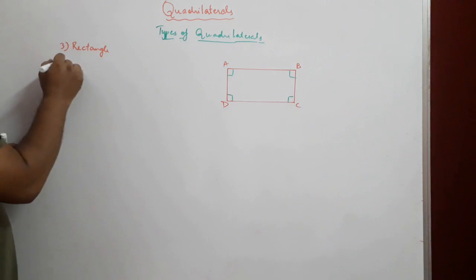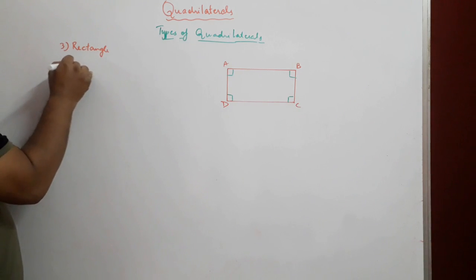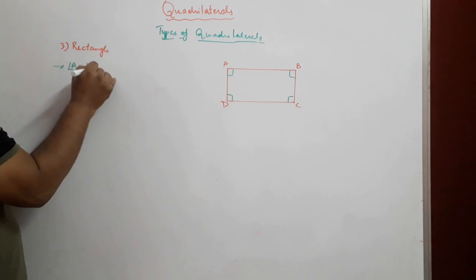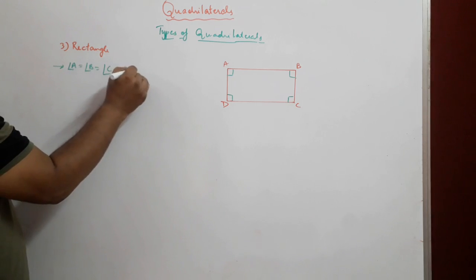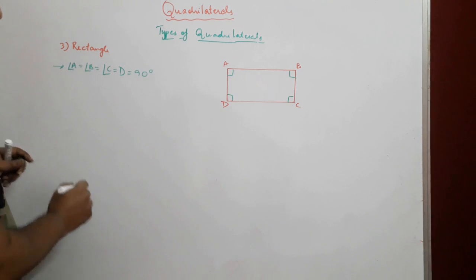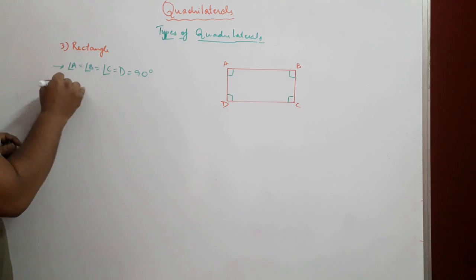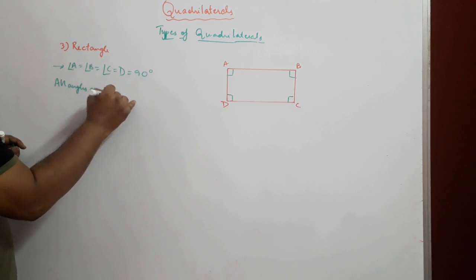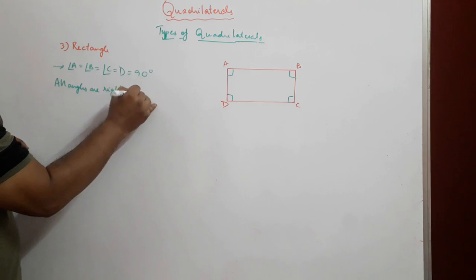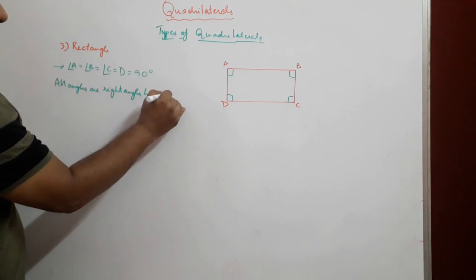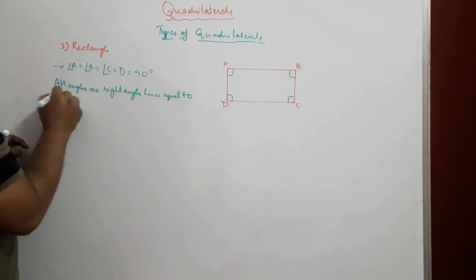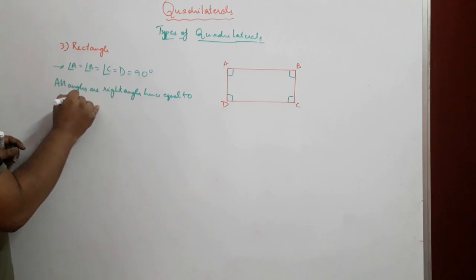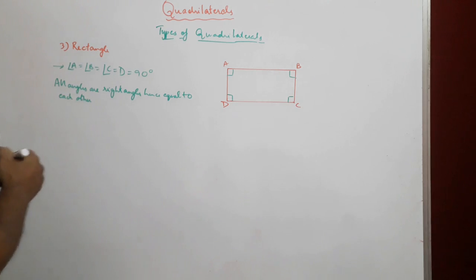That means all angles are also equal: angle A equal to angle B equal to angle C equal to angle D, all of them equal to 90 degrees. So we note down over here: all angles are right angles, hence equal to each other.